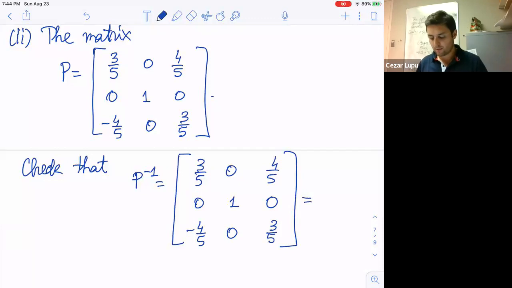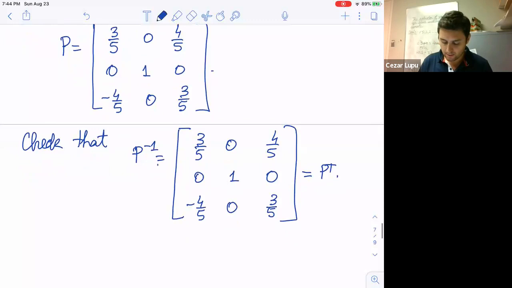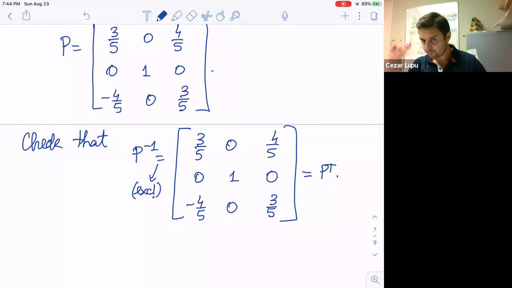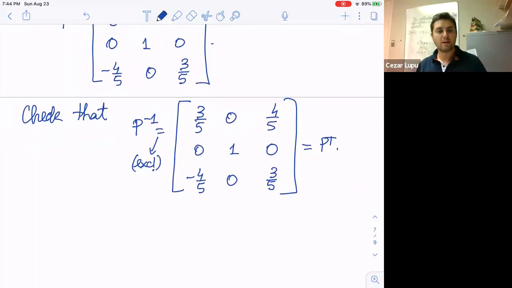It's easy to see that this is actually P transpose. By now, you already know how to compute inverses of matrices. We have seen this plenty of times, including in the midterm exam. So these are two examples of orthogonal matrices.